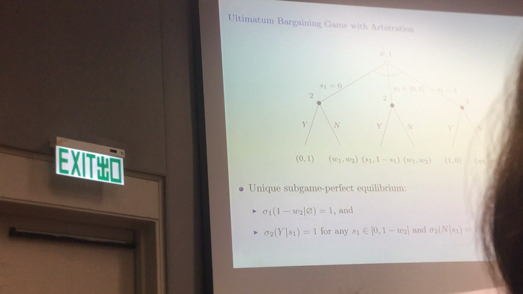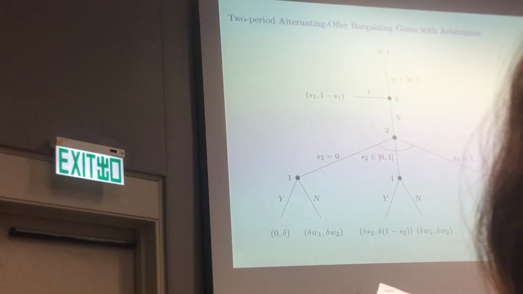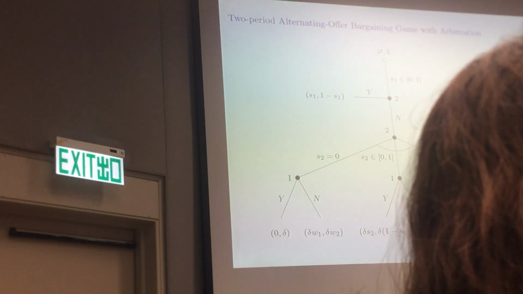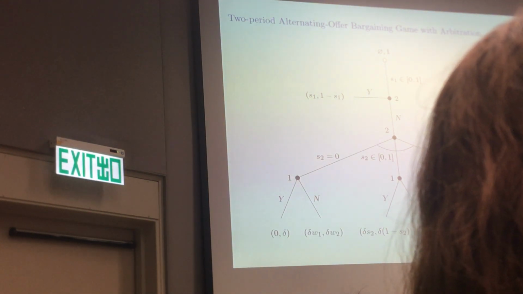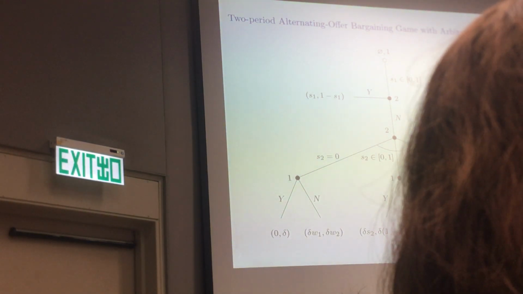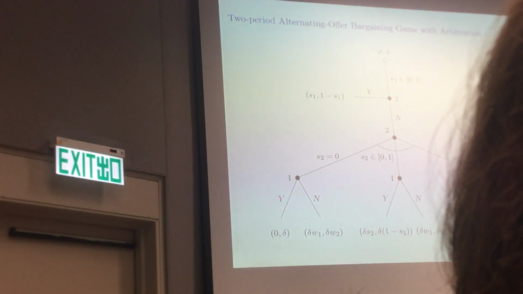So we're going to use that fact to solve the game with 2 periods. If player 2 chooses no in the first period, then they move on to the second period.